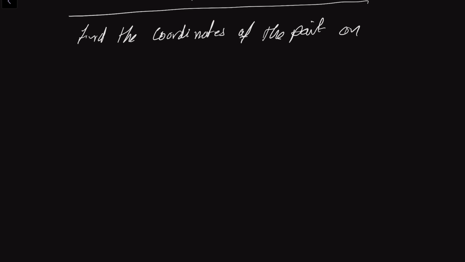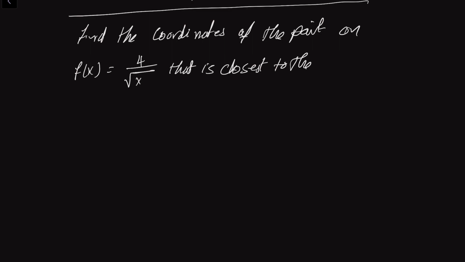So this one said find the coordinates of the point on f of x equal 4 over a square root of x that is closest to the origin.